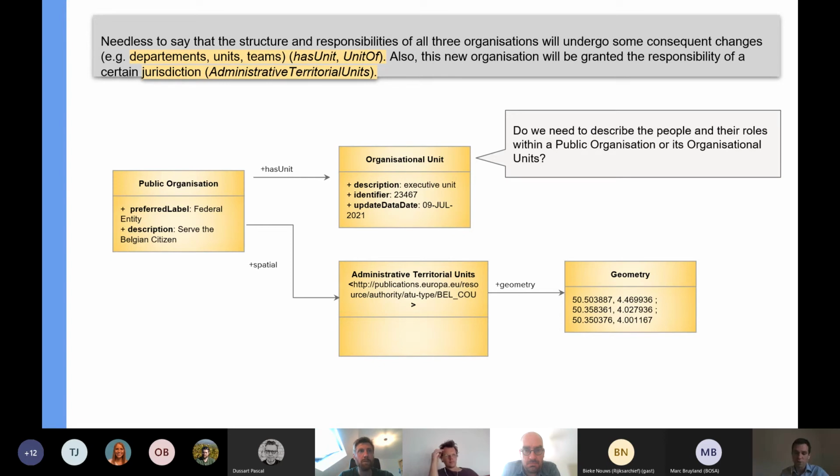First, a question for all of you. In this example, we don't really capture for now the agents, the people that have some roles in the organizations. Is it something needed?